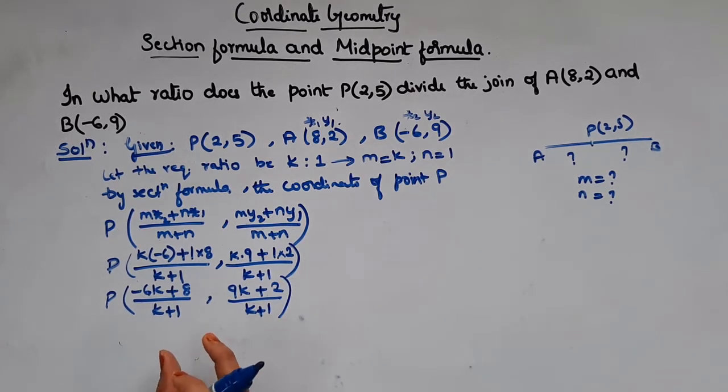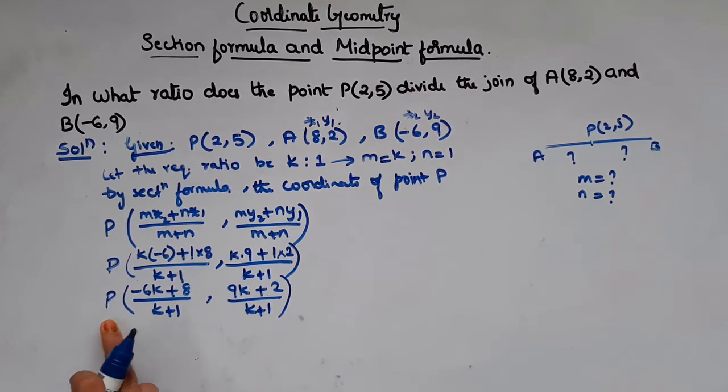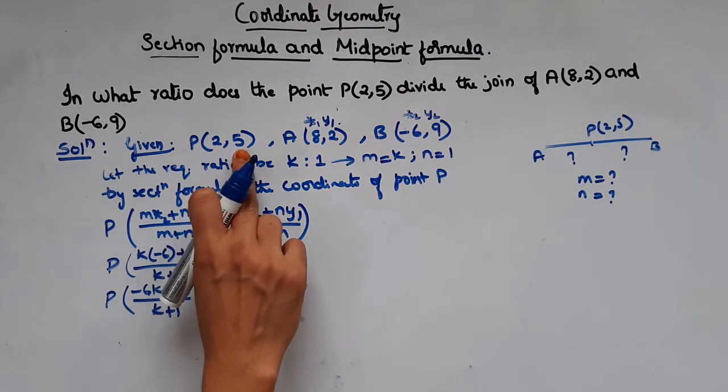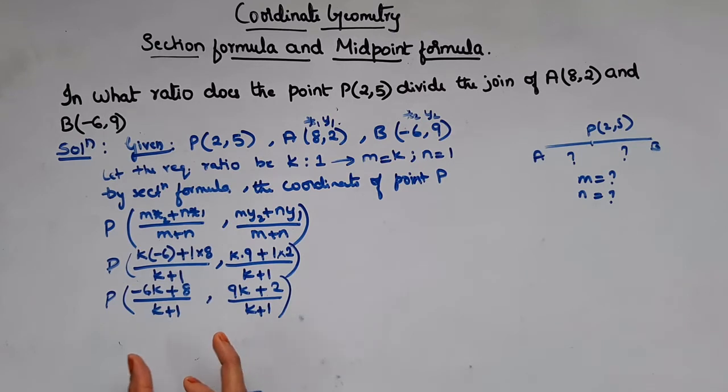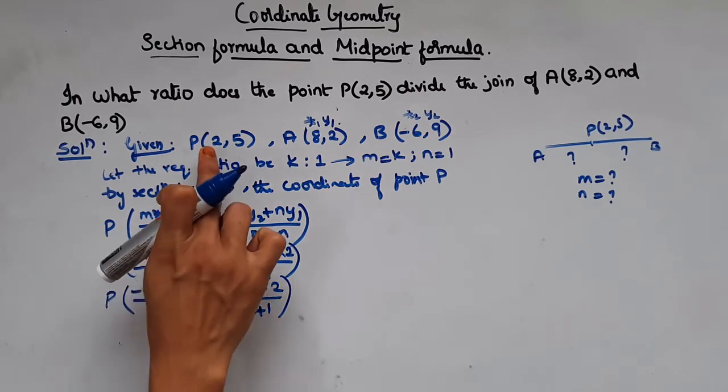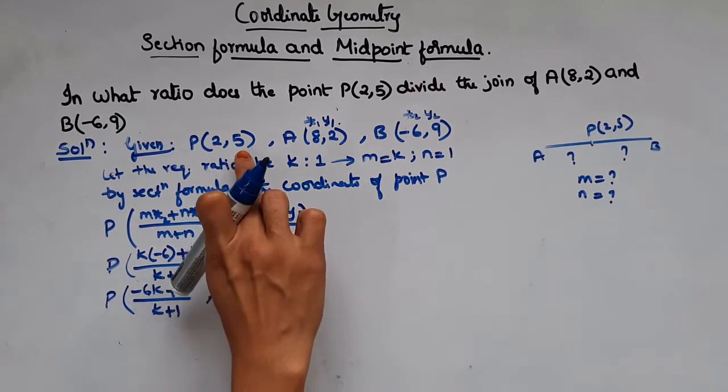So now we already know the coordinates of point P, right? Here x is 2 and y is 5. So that means this whole term is equal to 2 and this whole term is equal to 5.